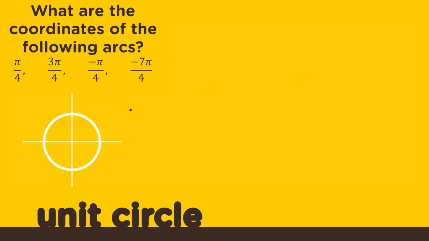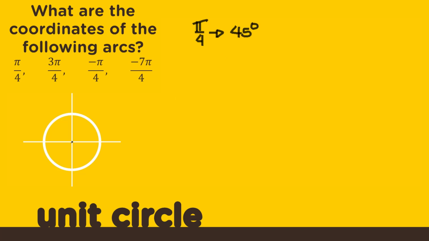This is considered a unit circle because the distance of any point on this circle from the center is equal to 1. Now, pi over 4, we already have a video of this, you might want to review that, has specific coordinates, and we discussed specific concepts that allowed us to identify the correct coordinates of the special arc. In terms of degrees, this is 45 degrees.